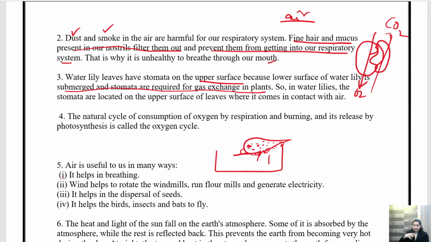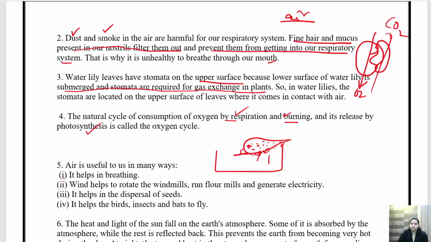So by this process they maintain the amount of oxygen in the atmosphere. So let's see what is written. The natural cycle of consumption of oxygen by respiration and burning, and its release by photosynthesis, is called the oxygen cycle.